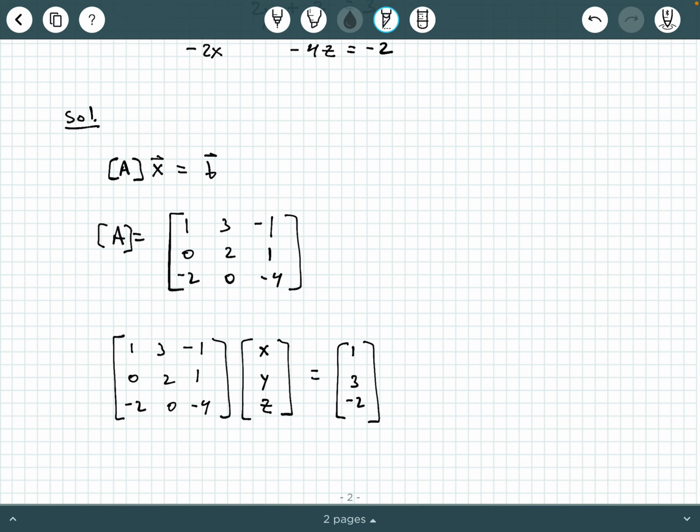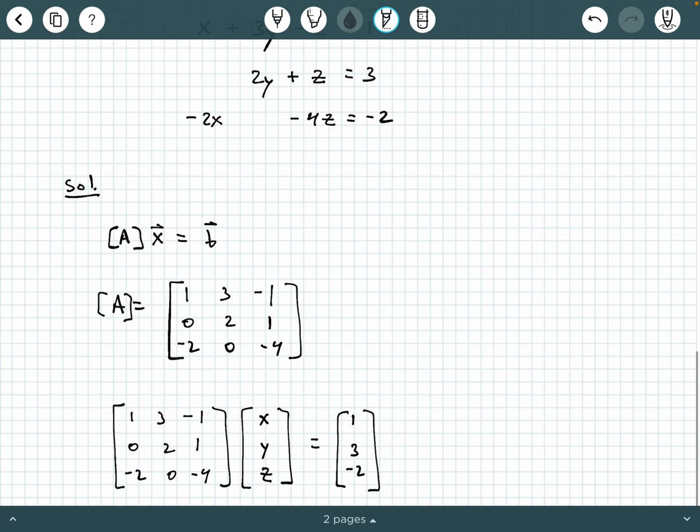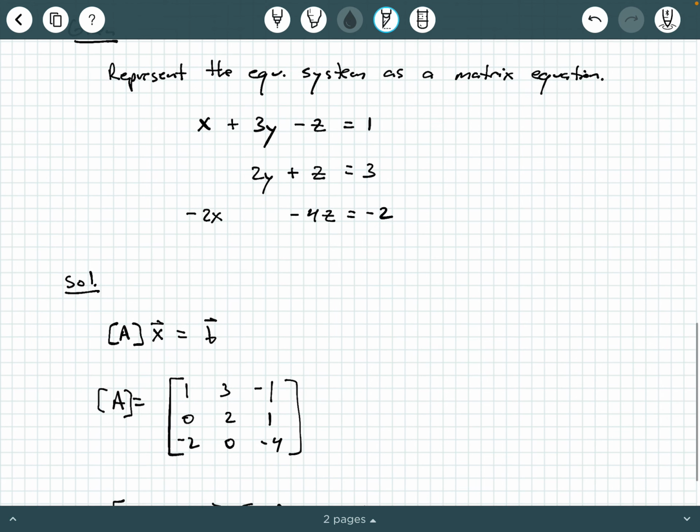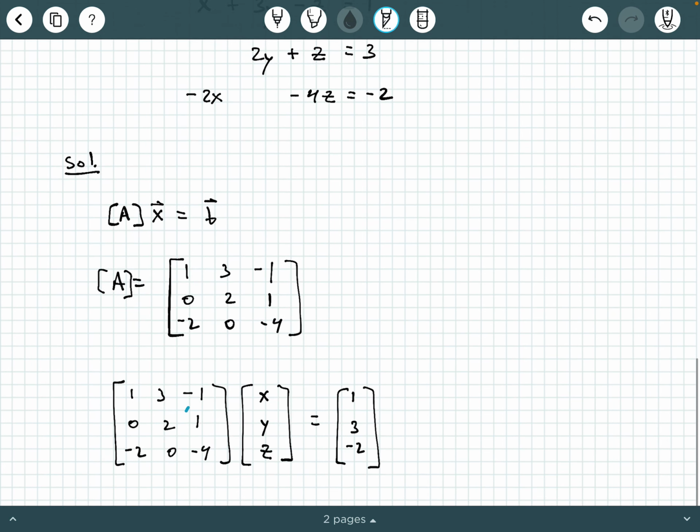So again, you can always work backwards and think about it. This is like undoing matrix multiplication. You've got row 1 times column 1 equals 1. That's our first equation. We've got row 2 times column 1 equals this number 3.